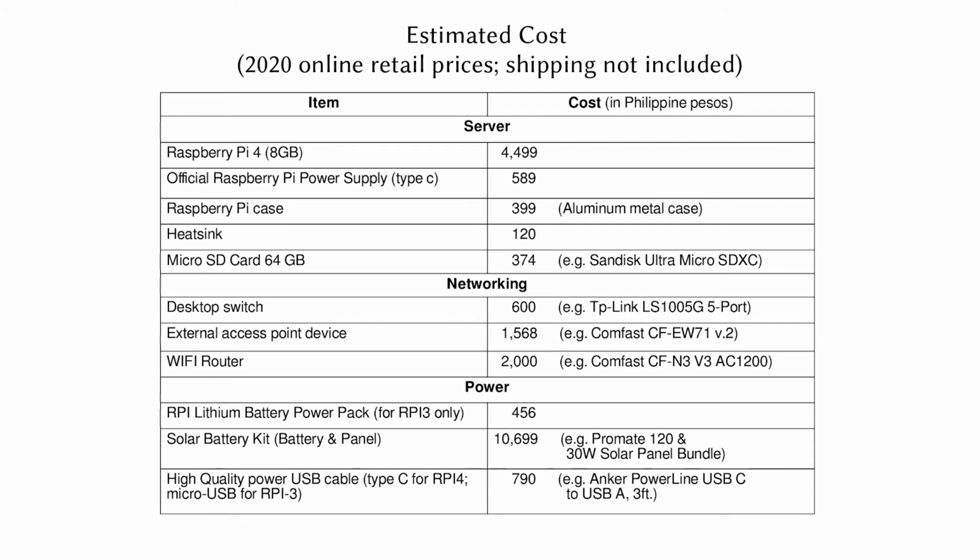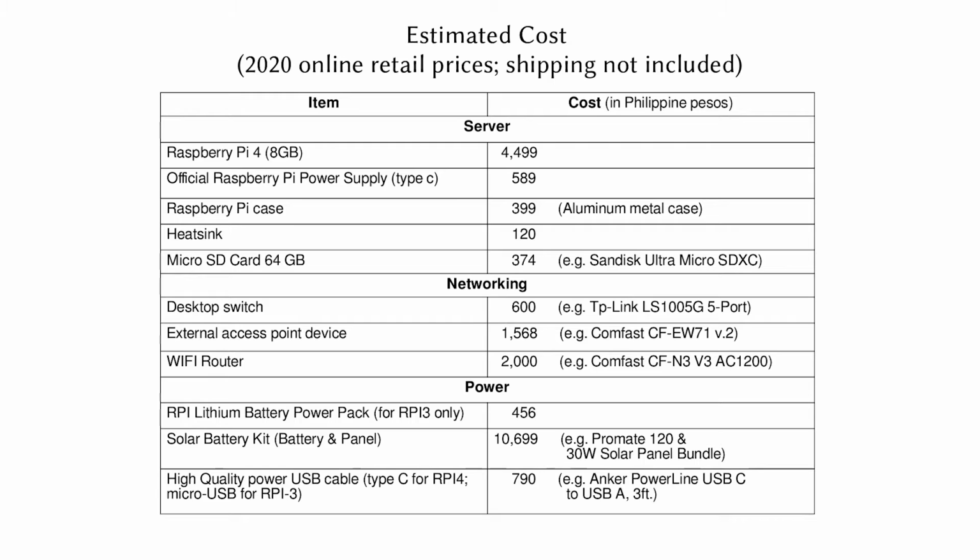And then for power, this will be discussed in another video, but I'll mention the cost here. For an RPi lithium battery power pack, this is for RPi 3, it's 456 pesos. The current version that is suitable for Raspberry Pi 4 would be around 1,000 pesos. Alternatively, you can use a solar battery kit, so this is battery and solar panel.